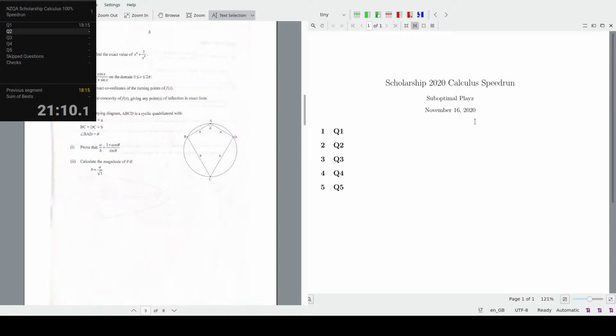Wait, no, 2 goes, so it's just cos x. Which is supposedly equal to 0 at the stationary points, at the turning points.